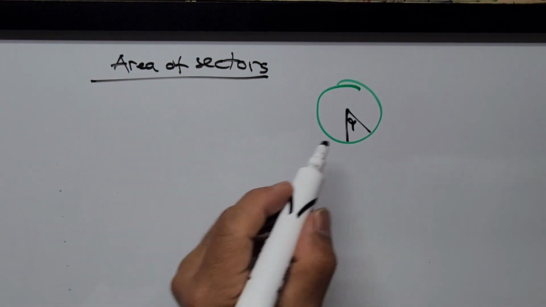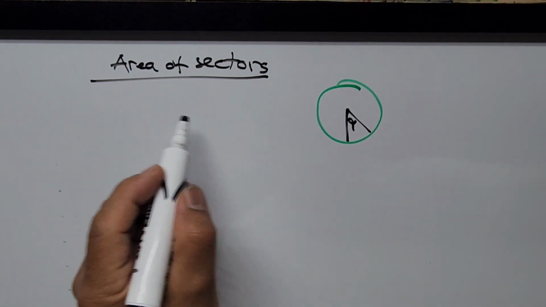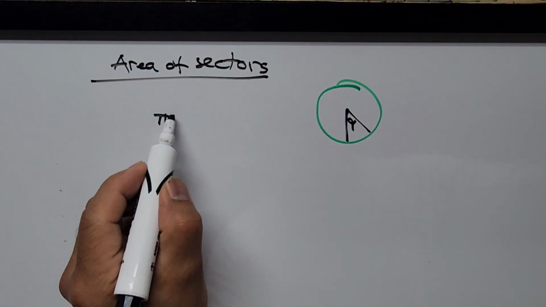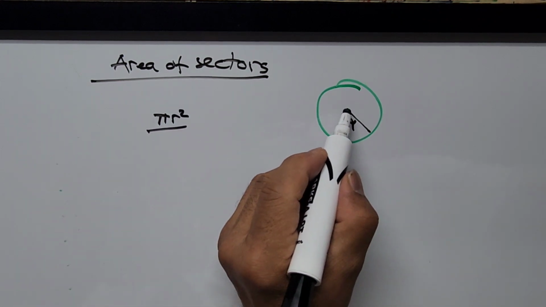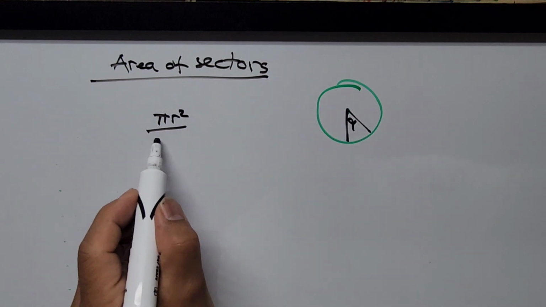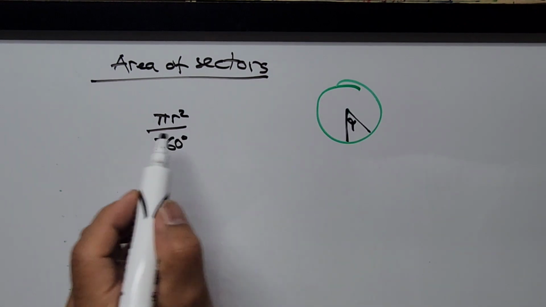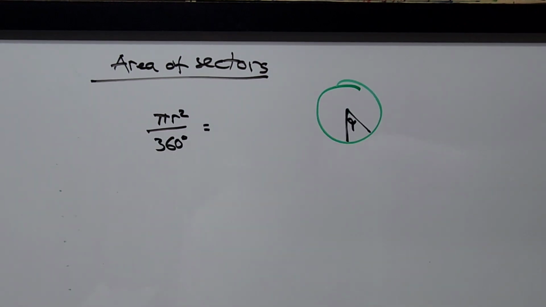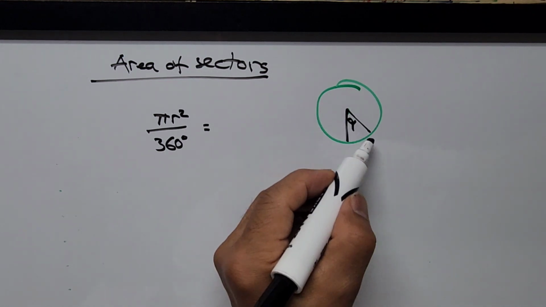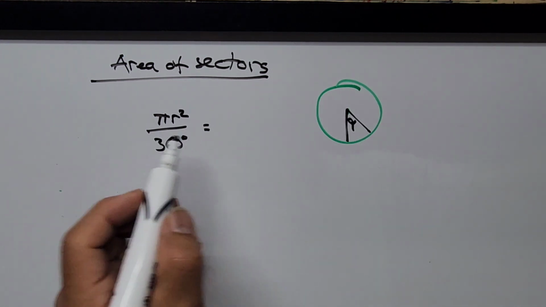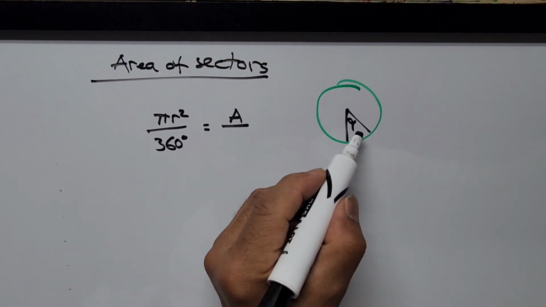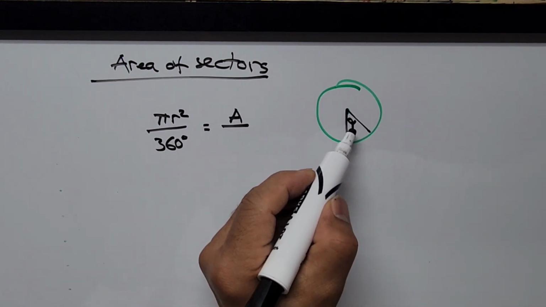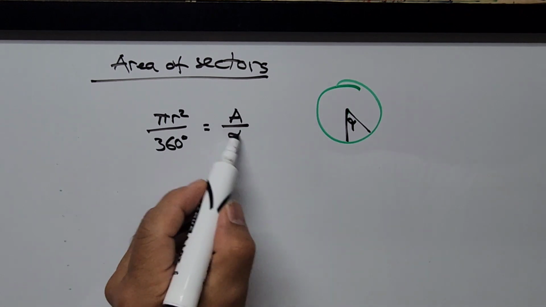So we have here the area of a whole circle, that is pi radius squared, and that is the angle, the central angle of the whole circle, that is 360 degrees. And this is compared to the area of this sector right here, that is area over the subtended angle of the central angle, so that is angle alpha.